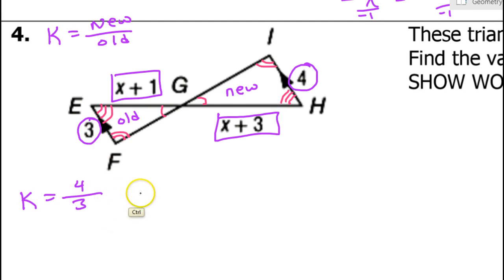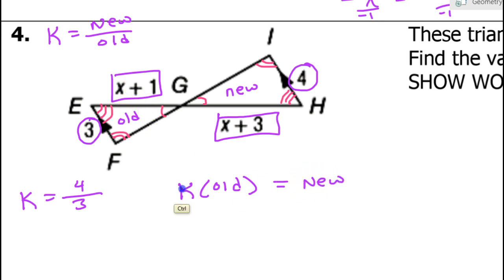So now that I've got the scale factor, I can use that to make another equation using the x plus 1 and the x plus 3. If you take the scale factor and you multiply it by an old value, an old side, it should give you the new side.